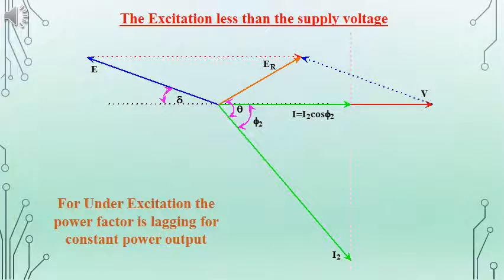Now we will analyze the case of underexcitation, that is the voltage E is less than V. Even in this case, we consider the load angle delta to be the same as that of the previous conditions. Here the resultant ER is found out from E and V, and the current I2 is obtained by a lagging angle theta with respect to ER.